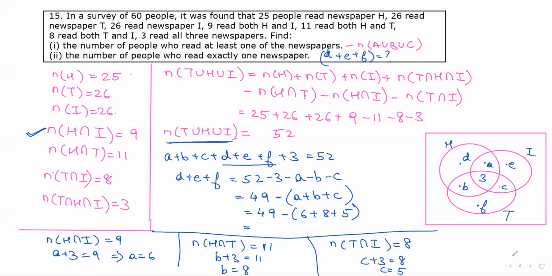One second. This was 5, 11. 11 plus 8 is 19. Right, that's true. 49 minus 19 will be equal to 30. So D plus E plus F is equal to 30, which is your final answer.